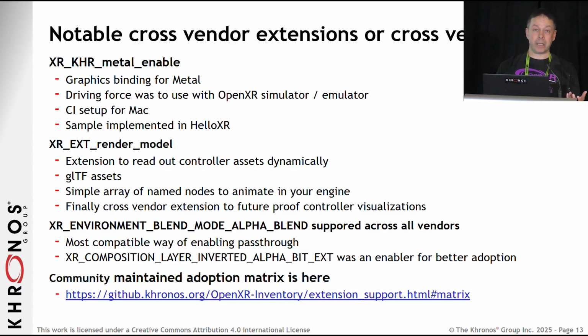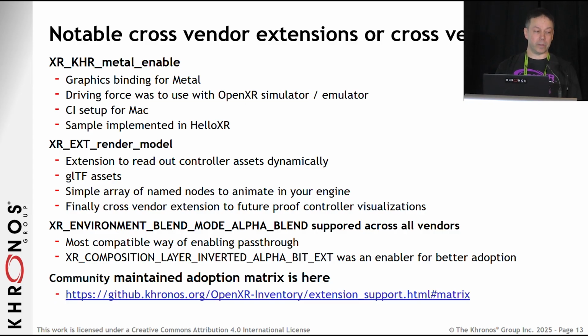And if you run on Mac, then you are using Metal as rendering APIs, and then you need to be able to submit Metal buffers to the runtime. So we came together and we worked on adding this.